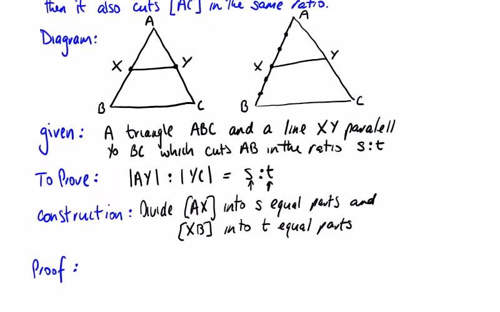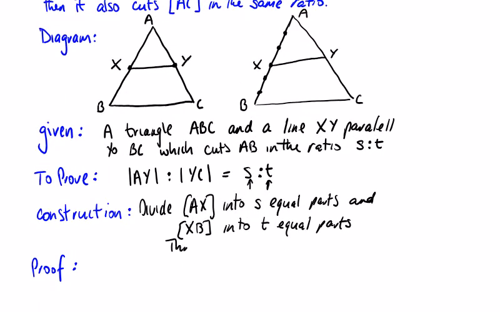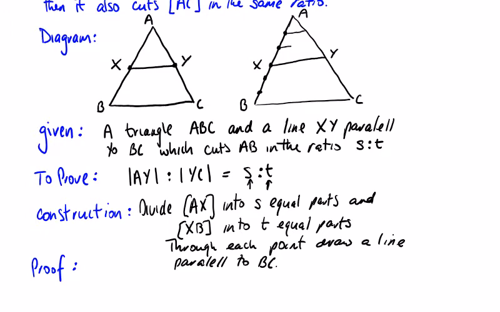What we're going to do is draw through each point a line that's parallel to BC. So let's do that. So from here, we're going to start our proof. You guys have probably practiced Theorem 11 already.